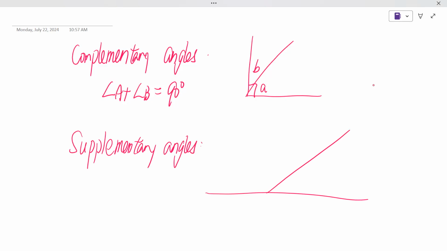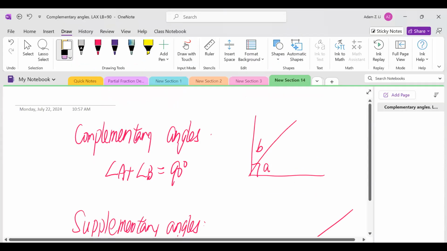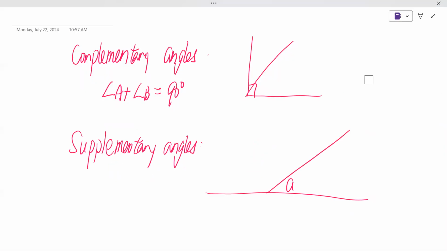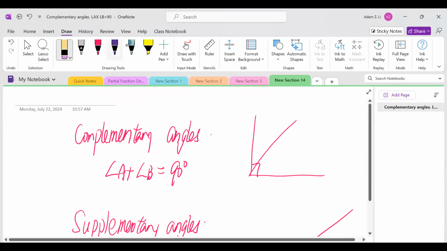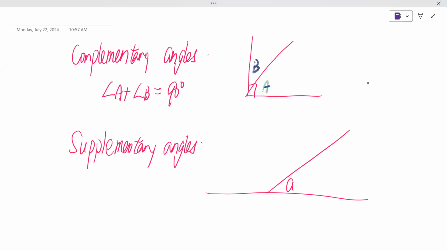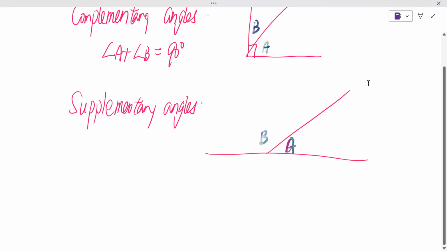So let's say this is A, this is B. When you sum up those two angles, the total will be 180 degrees.